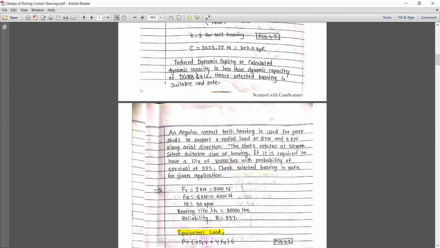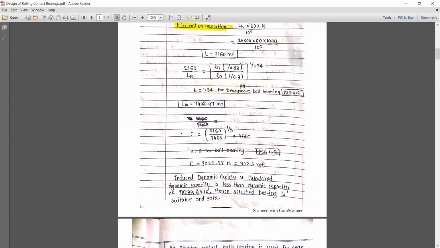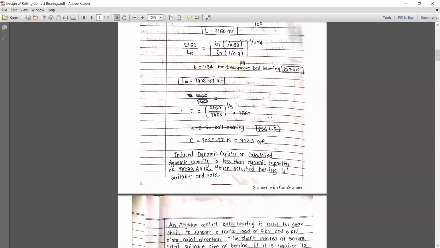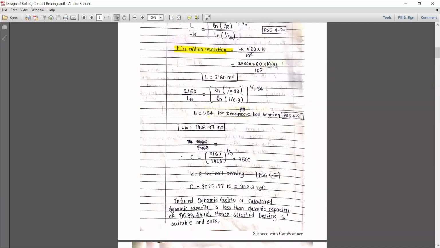Okay, I hope you understand this design. Just try once again. If you have any doubt, you can text me or WhatsApp me, or you can call me. So in this lecture I completed only one problem. In the next lecture we will discuss the second problem, which is angular contact ball bearing.